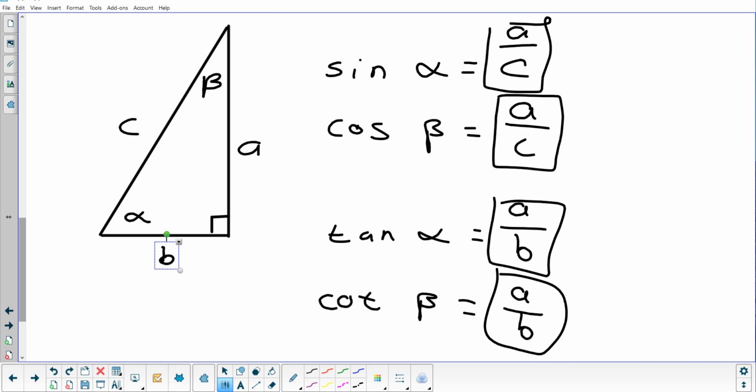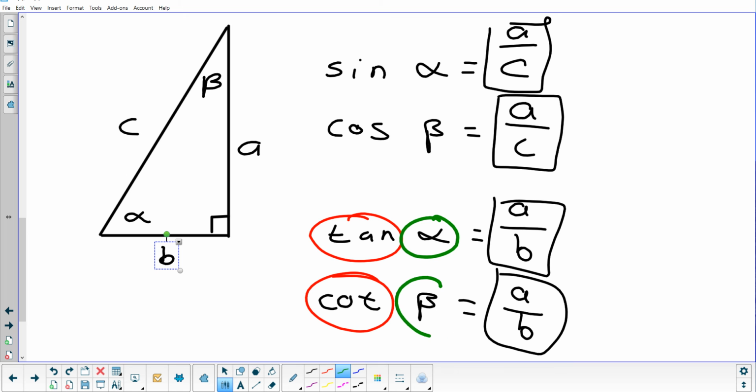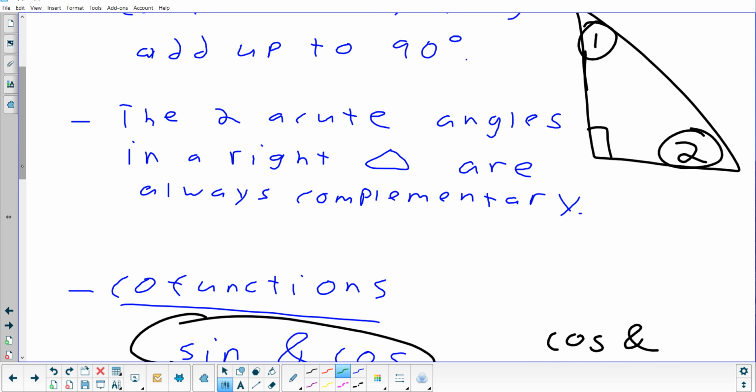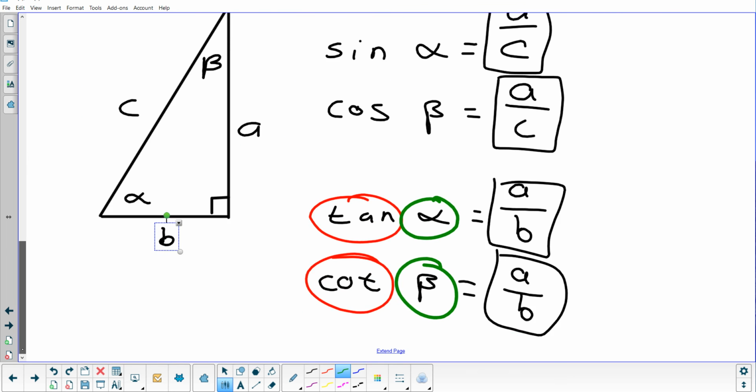And the whole key is this and that are cofunctions. This and that are complementary angles, because that's what we said right here. The two angles that are labeled 1 and 2, or alpha, beta, whatever you want to label, they're always complementary.